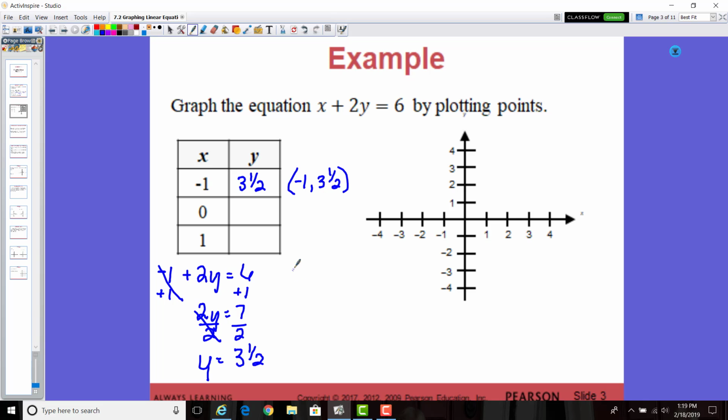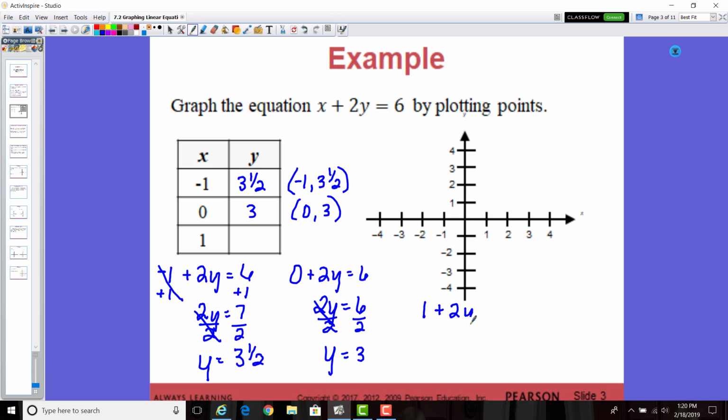My second x value is 0, so 0 plus 2y equals 6. 0 plus 2y is 2y, so if 2y equals 6, I can divide by 2. And if x is 0, y is 3. So I have my second ordered pair, 0, 3. My third x value that I'm picking is a 1.